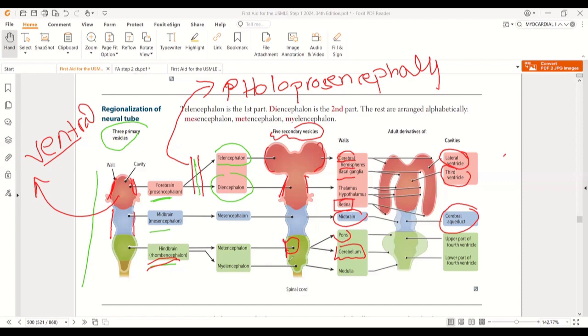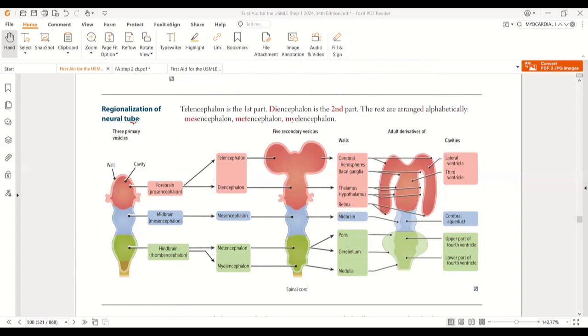While the walls of the myelencephalon give rise to the medulla, the metencephalon cavity gives rise to the upper part of the fourth ventricle, while the myelencephalon cavity gives rise to the lower part of the ventricle, right? Again, I am emphasizing three primary vesicles and five secondary vesicles.